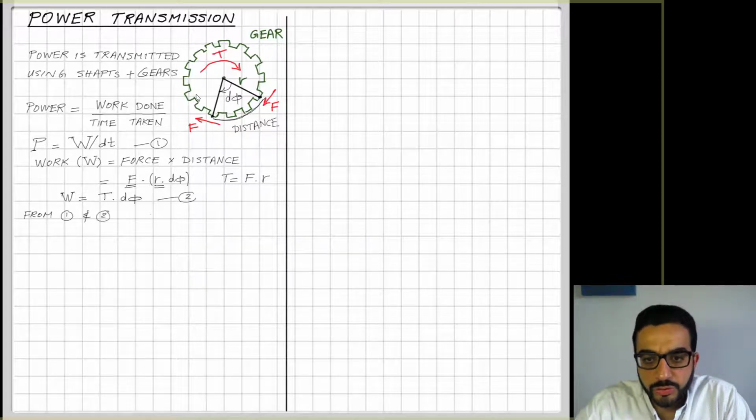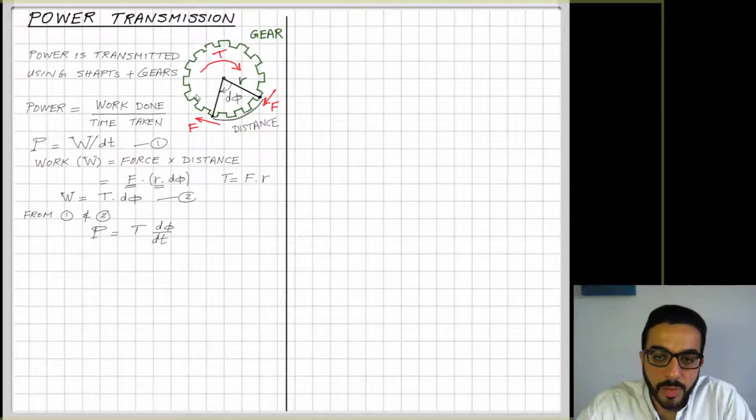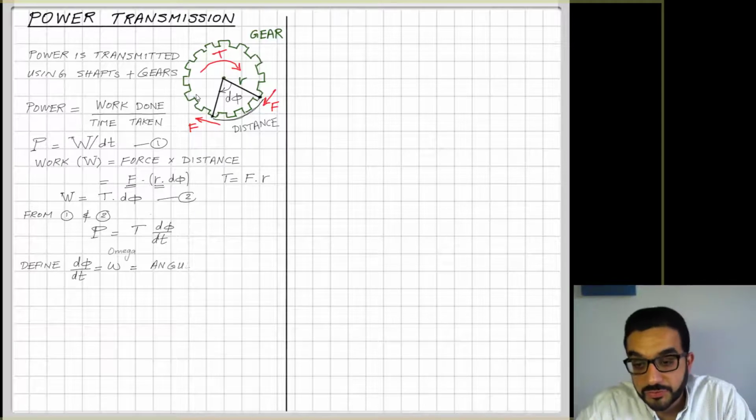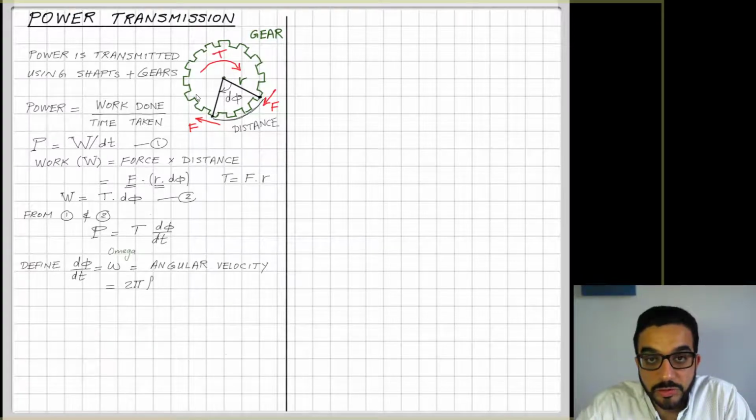Looking at the power formula and the work formula, plugging the work T d phi into the power formula, power is now equal to T times d phi over dt. Now d phi over dt is something we call omega, or angular velocity.